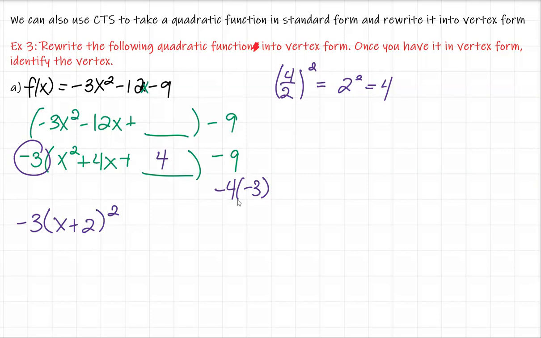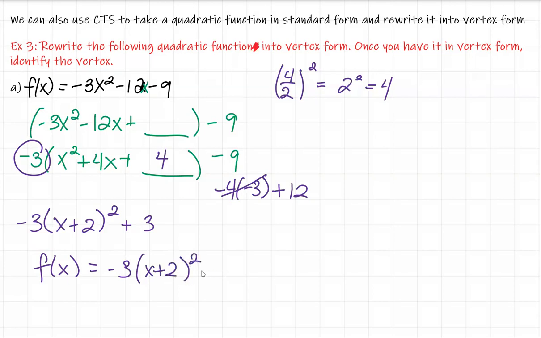And I get negative 9. This becomes plus 12. Negative 9 plus 12 is positive 3. So my function in vertex form is negative 3 times x plus 2 squared plus 3.